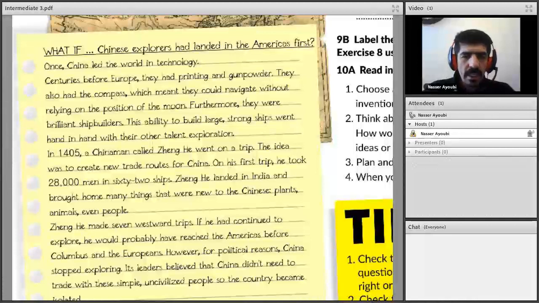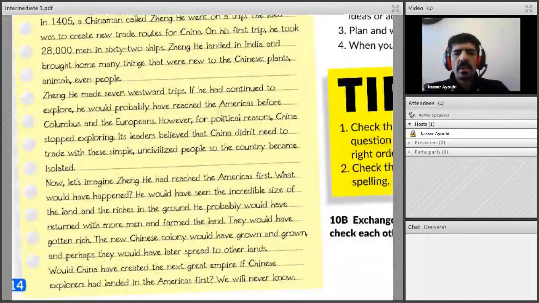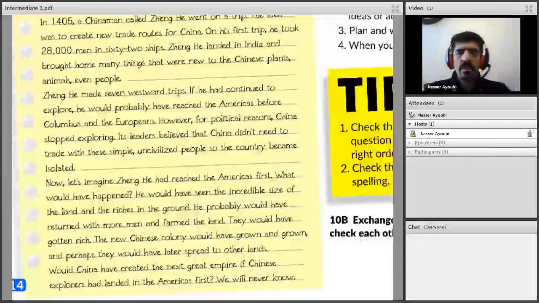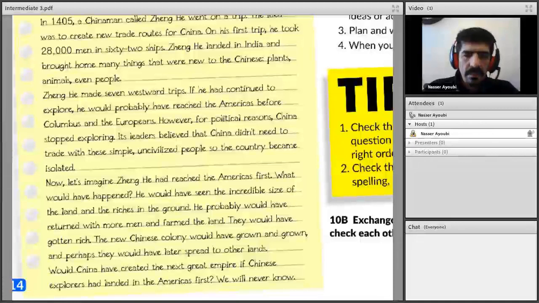Zheng He landed in India and brought home many things that were new to the Chinese: plants, animals, even people. Zheng He made 7 westward trips, the trips toward the west. If he had continued to explore, he would probably have reached the Americas before Columbus and the Europeans. However, for political reasons, China stopped exploring. Its leaders believed that China didn't need to trade with these simple, uncivilized people, so the country became isolated.